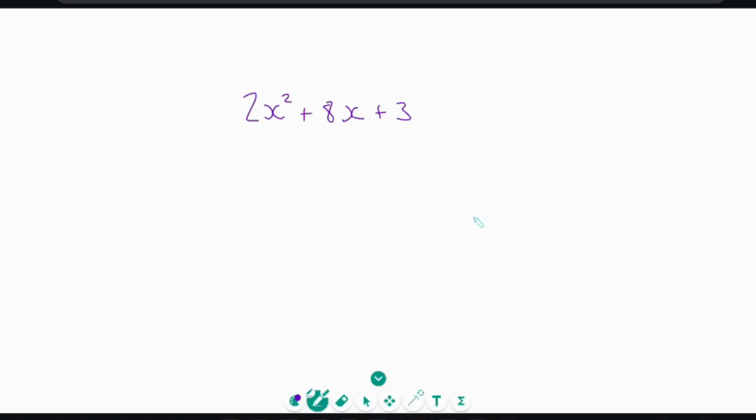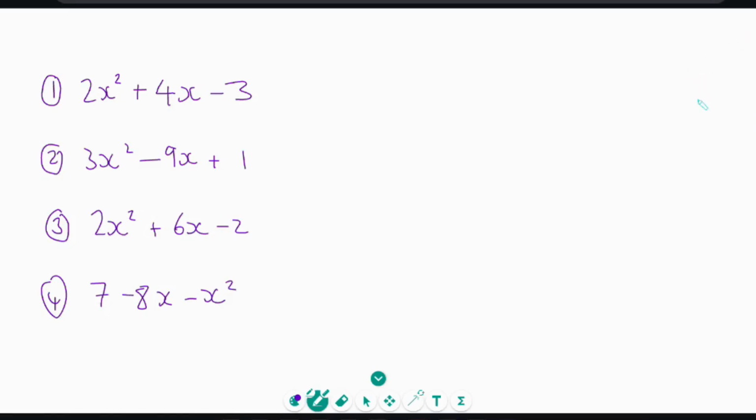Okay, maybe have a go at these 4 questions yourself first. Put me on pause, unpause when you're finished. Okay, so for this first one here, let's divide the first 2 terms by 2. Let me just double check. If I expand these brackets, I'd have 2x squared plus 4x minus 3, which is what I want.